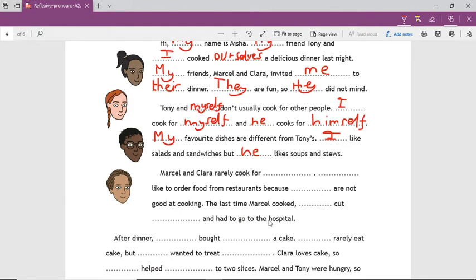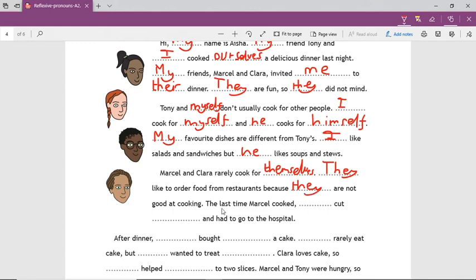So in this case I think we've got Marcel and Clara rarely cook for themselves, because it's talking about a plural and it's themselves. Again we're talking about a plural, so the pronoun is going to be they. They like to order food from restaurants because they are not good at cooking.